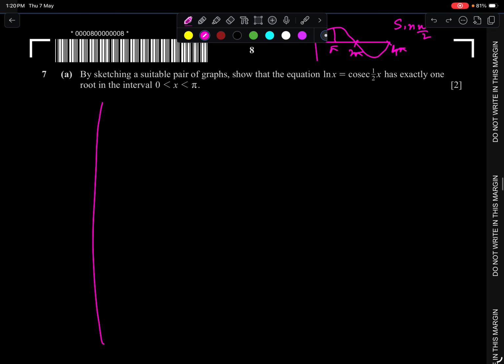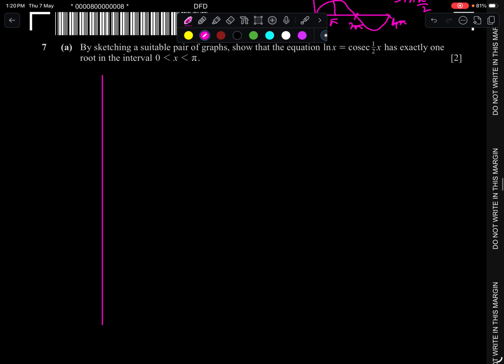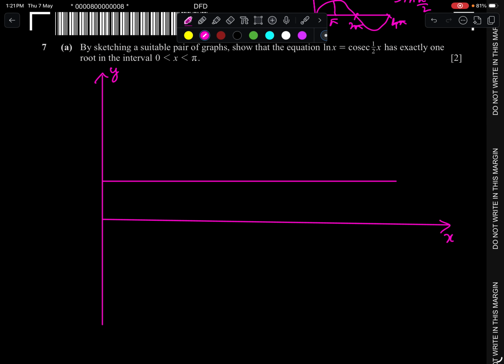To sketch cosec, first make a rough sketch of sine. This will help you to sketch cosec easily. Label the axis. This is 1.